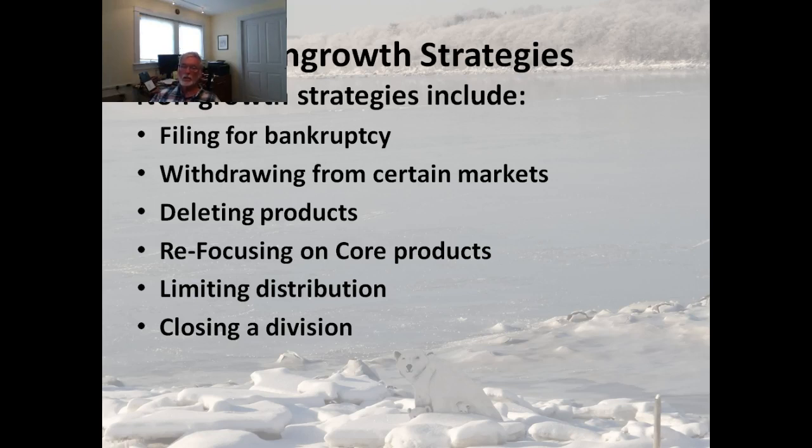We may decide to limit distribution, pull back from either geographic distribution or maybe not have as many channel members, and we might close a division. So those are all possibilities of ways to attack a non-growth strategy.